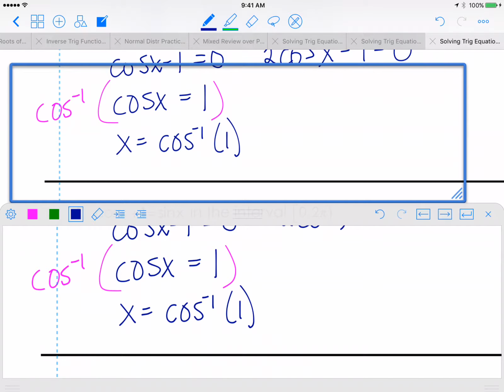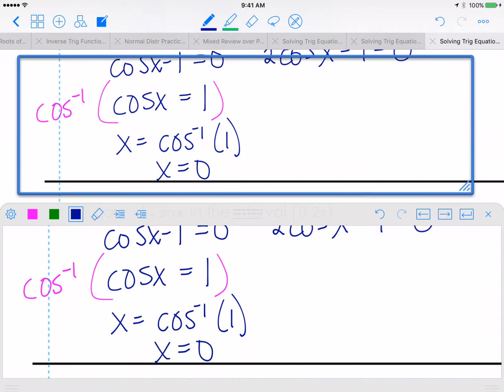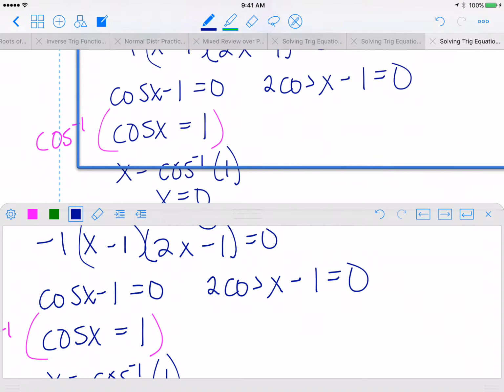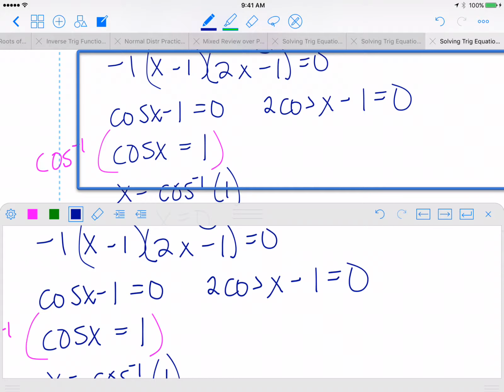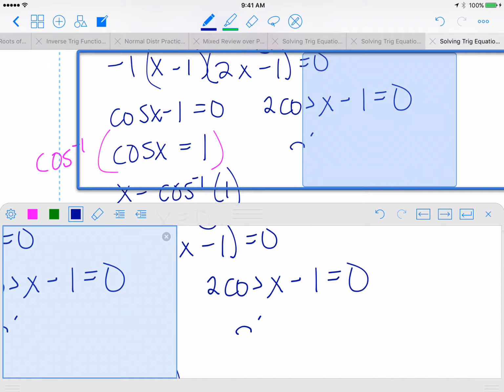And if we think about that, where is cosine 1? What measurement, what radian is where cosine is 1? Well, that's 0. So now let's go back up over here and same thing.